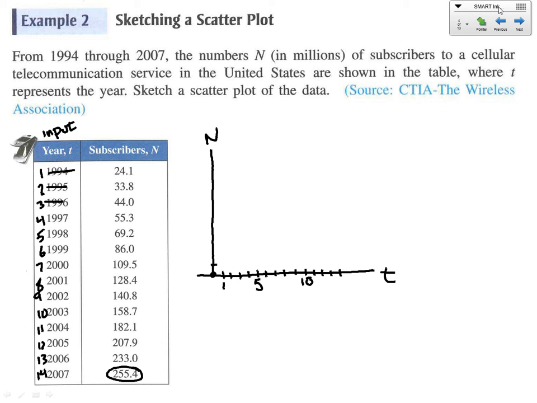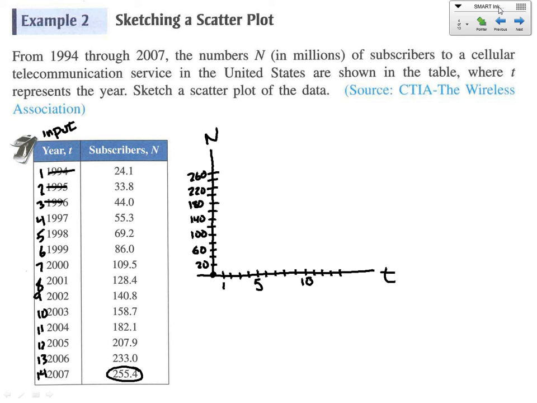So let's do that, counting by 20s. 20, 40, 60, 80, 100, 120, 140, 160, 180, 200, 220, 240, 260. That's bigger than everything. So we'll label these 20. I'm going to go every other one here. 60, 100, 120, 140, 160, 180, 200, 220, 240, 260.